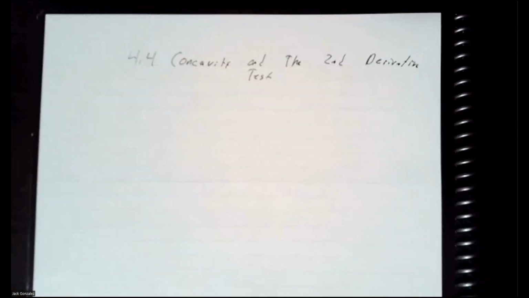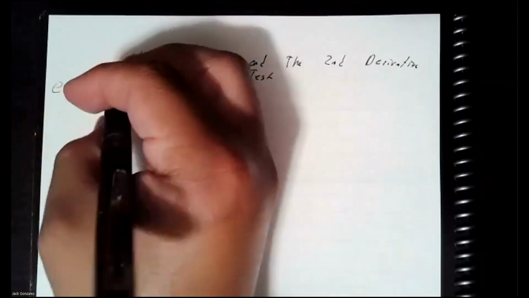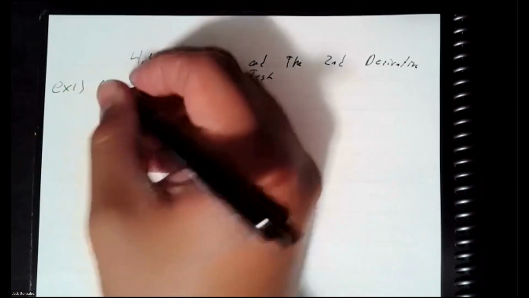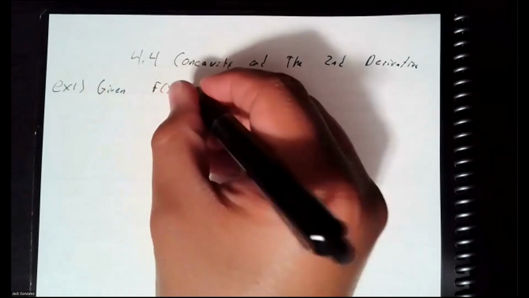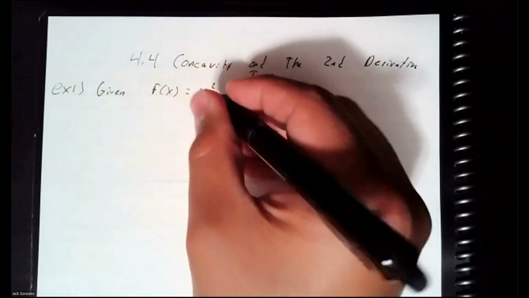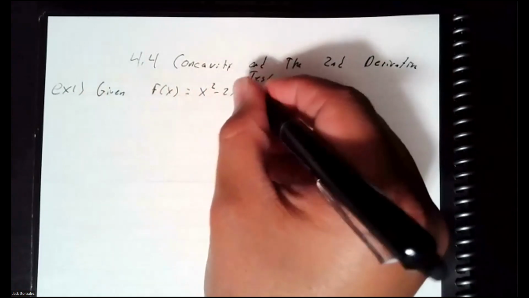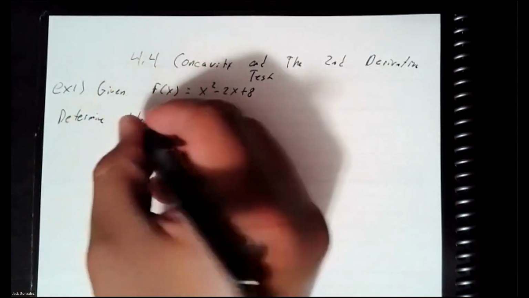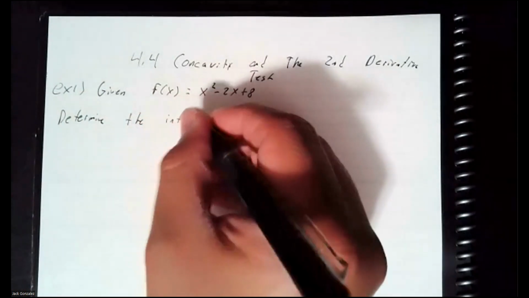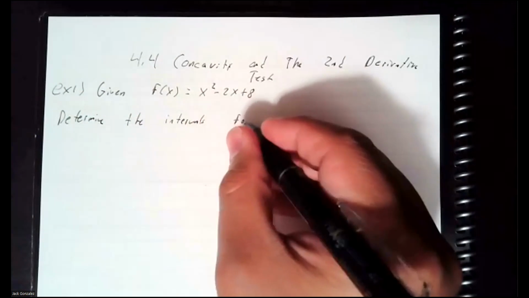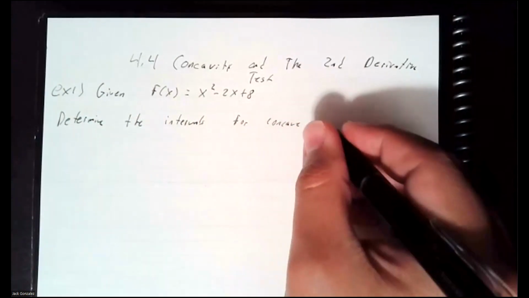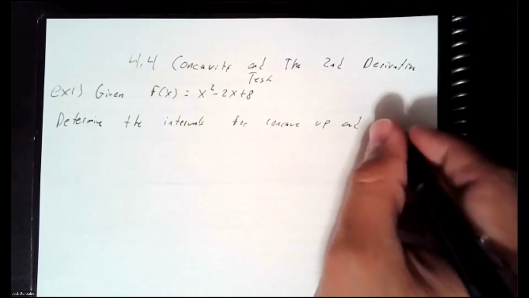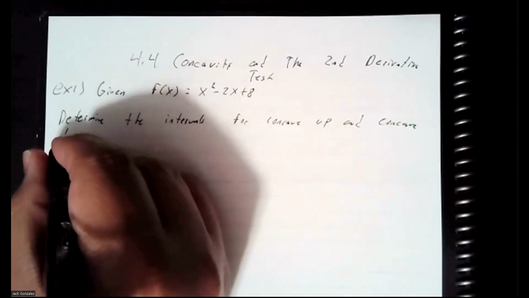All right. So the second derivative test is kind of similar to the first one. I think the best way to see it is to read the theory: determine the intervals for concave up and concave down.